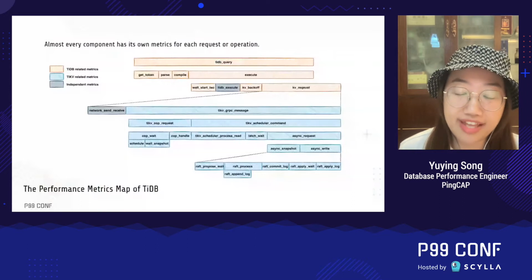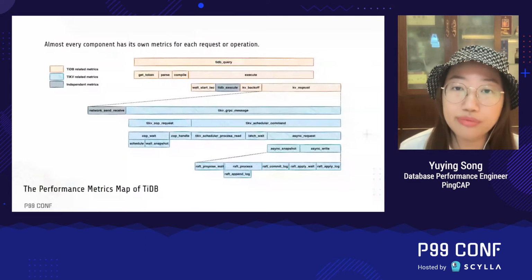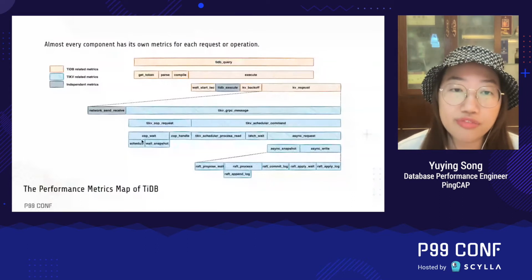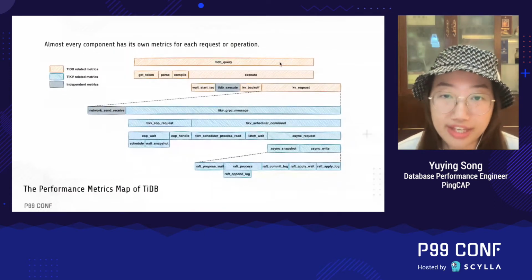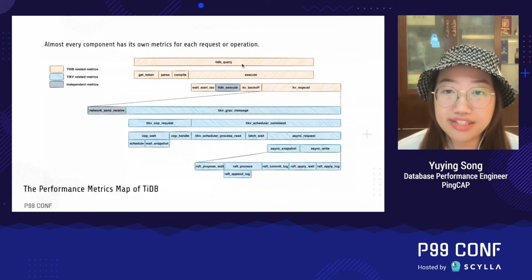Almost every component has its own metrics for every request and operation. For example, this part in orange is the metrics of TiDB, and this part in blue is the metrics of TiKV.